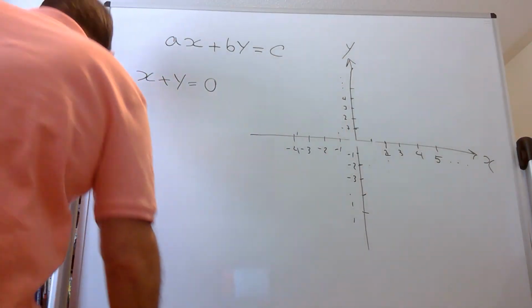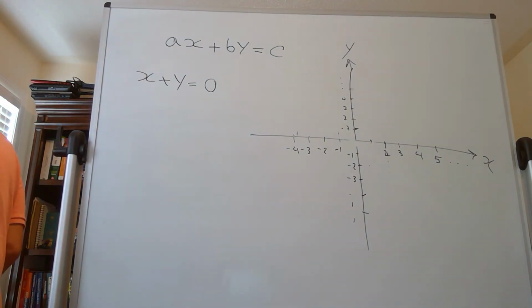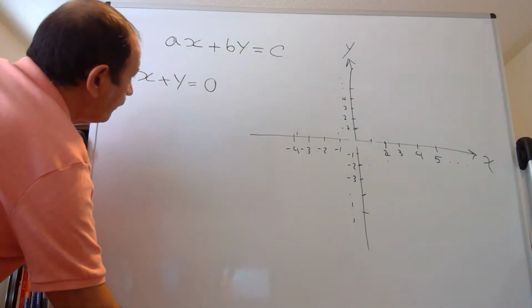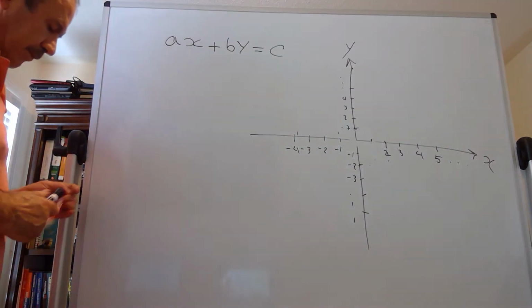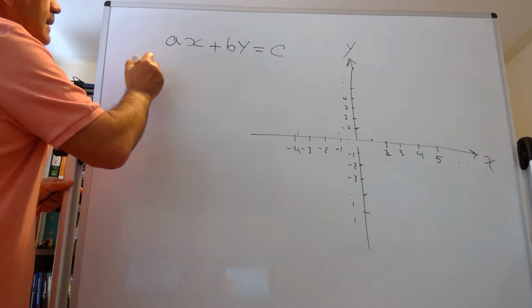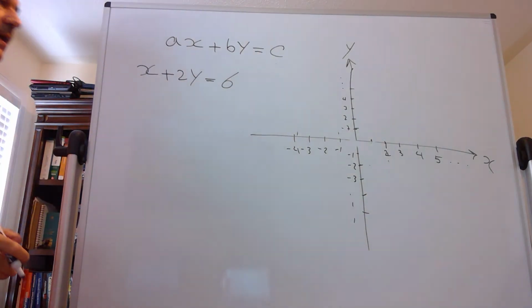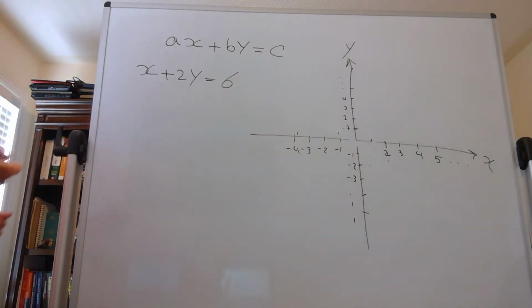Let's graph this one: x plus 2y is equal to 6. This is in standard format, and we want to graph it using a table of values, x and y.